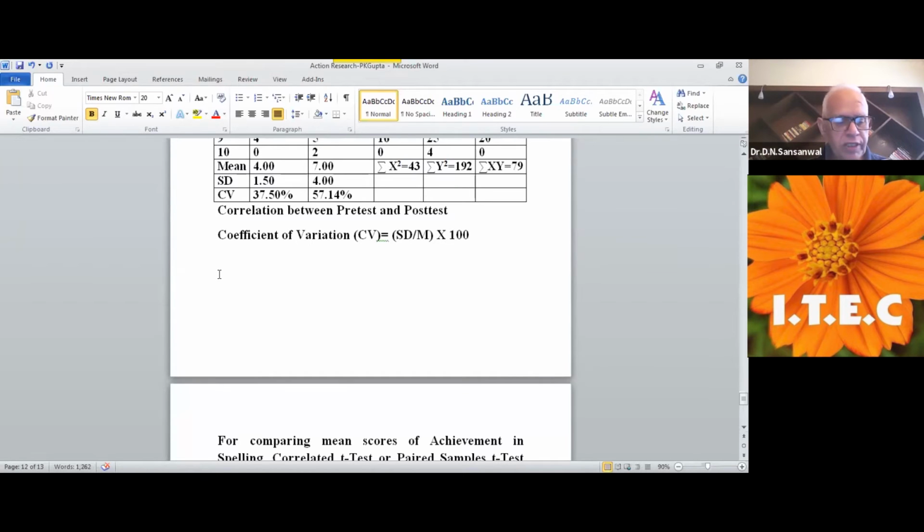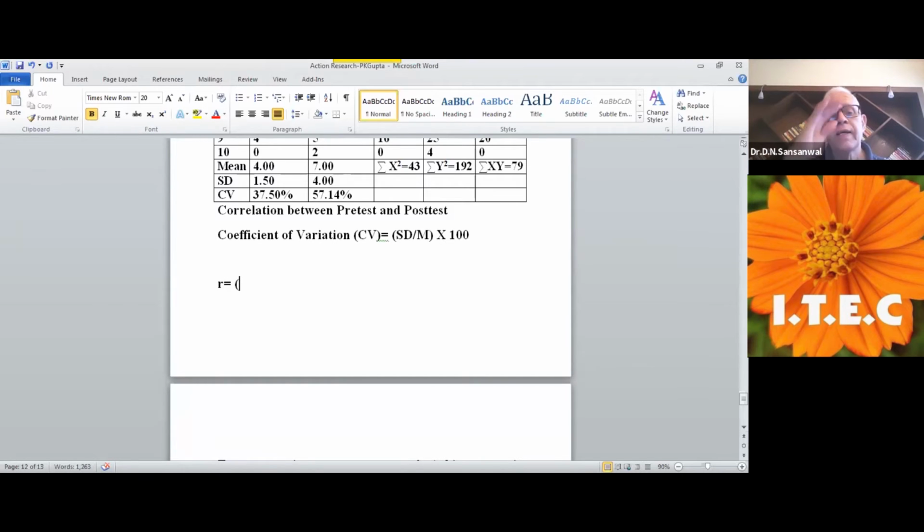So the correlation is equal to, in the bracket, n, then sigma xy, then minus sigma x.